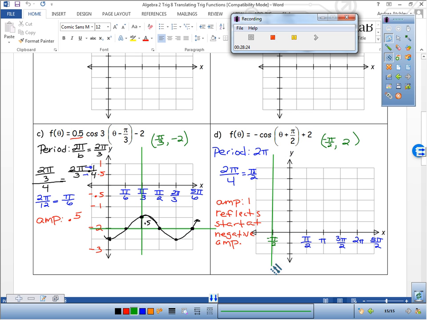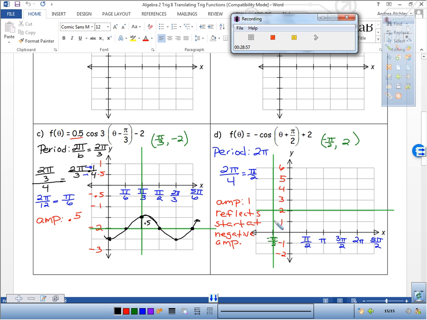So this is my new y-axis, and I'm going to count by my amplitude. 1, 2, 3, 4, 5, 6, negative 1, negative 2. So we're at 2. Okay, so this is my new origin, so I'm going to start at the negative amplitude.